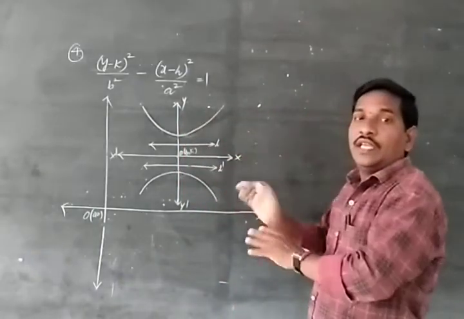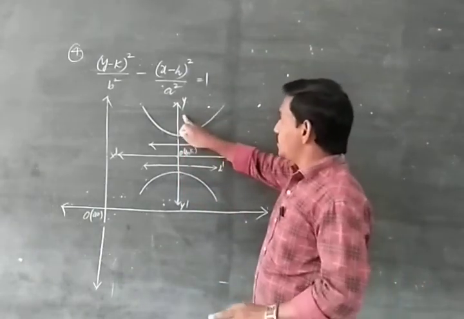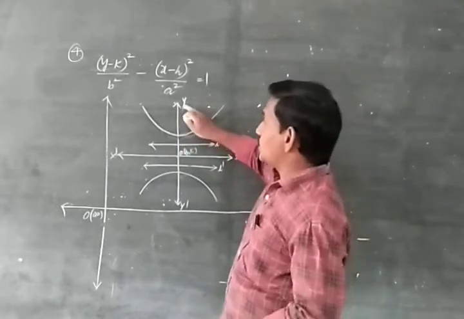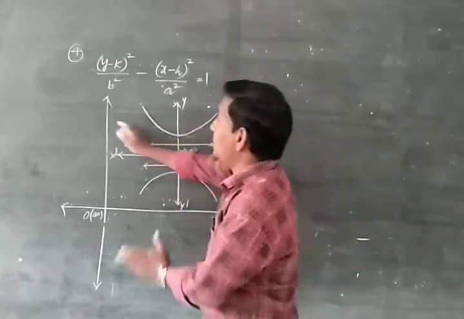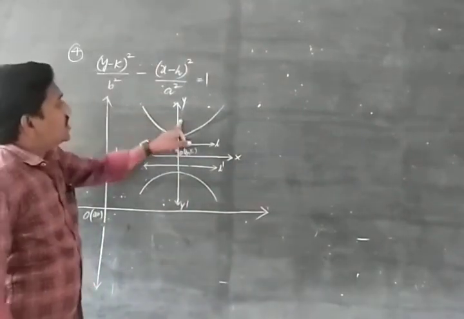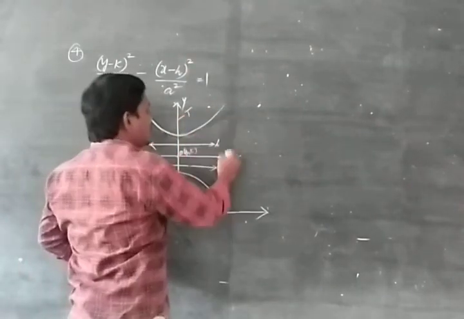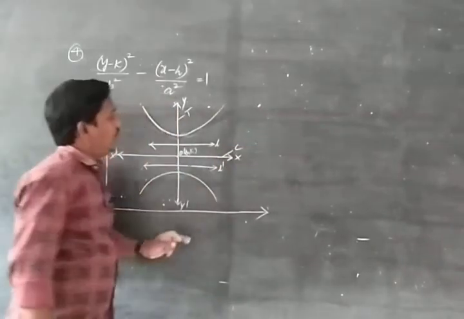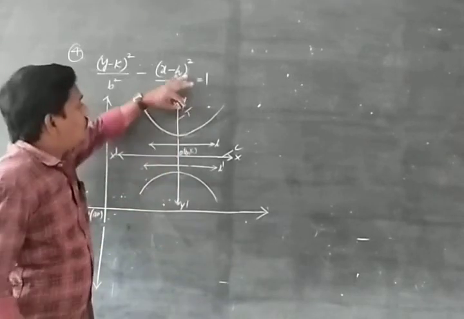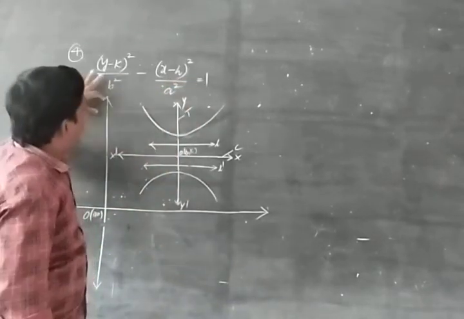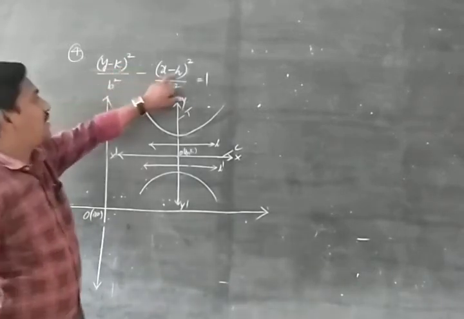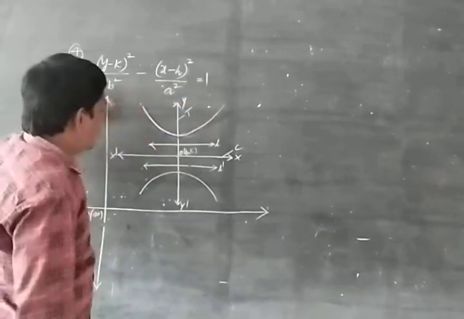Here x and y are interchanged. So y is the transverse axis and x is the conjugate axis. This transverse axis is parallel to the y axis. Now this is transverse and this is conjugate; it is interchanged. So the transverse axis is parallel to the y axis. This is the diagram of y minus k whole square by b square minus x minus h whole square by a square equal to 1.